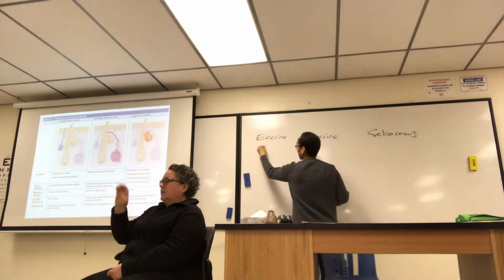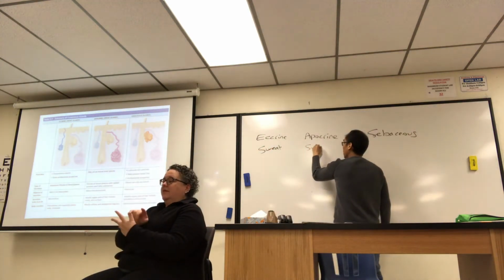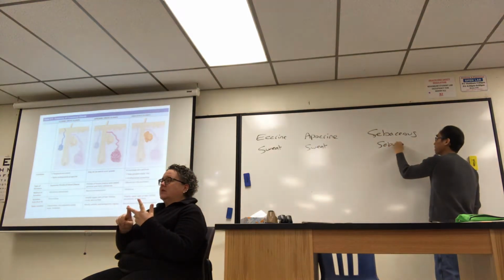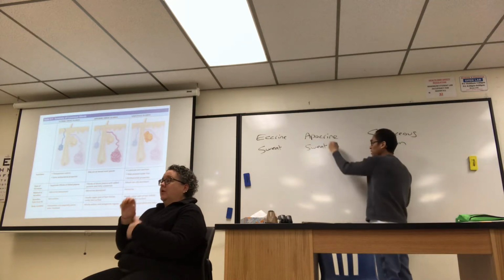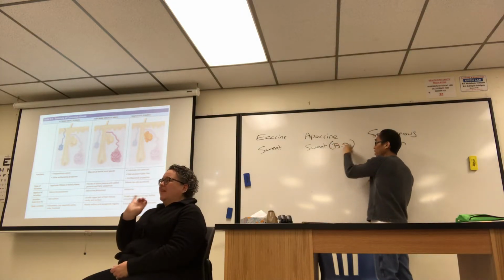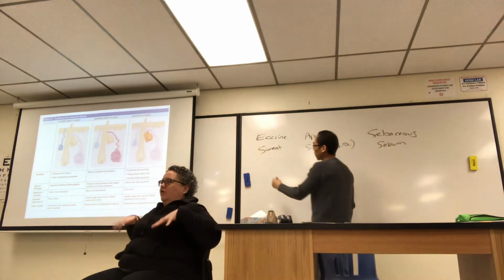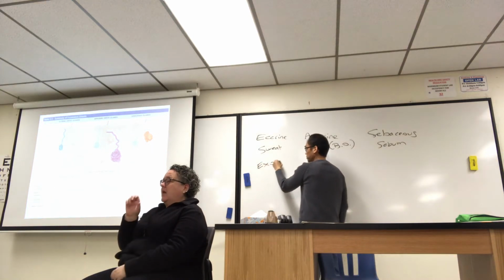These two are sweat glands. Sebaceous gland secretes sebum. Remember, the apocrine one, I said that one that causes the BO because of the fat and protein content of the sweat, uses the hair follicle. But the eccrine gland, its mechanism of secretion is exocytosis.